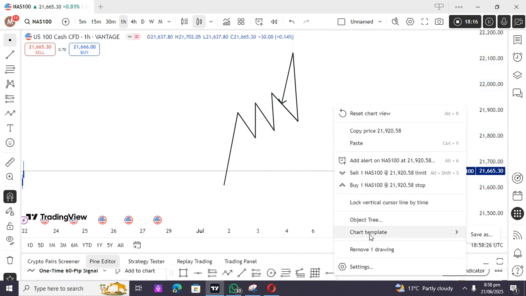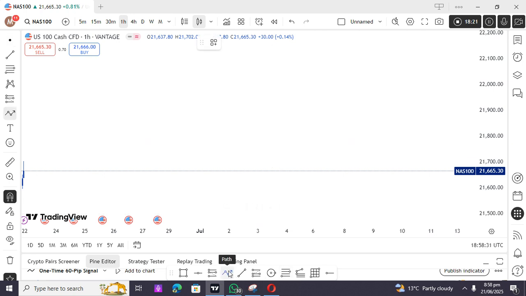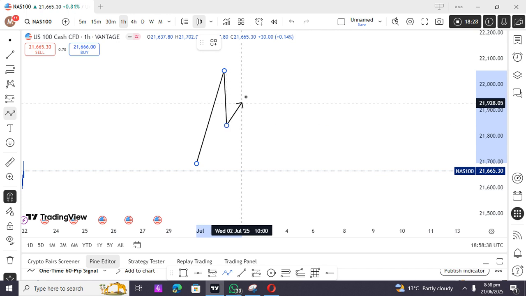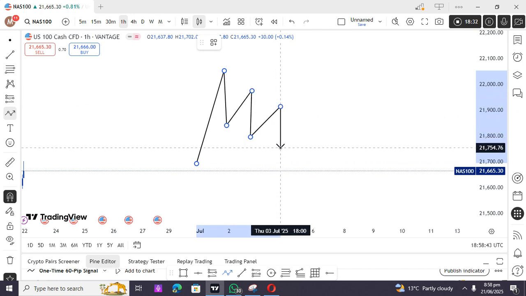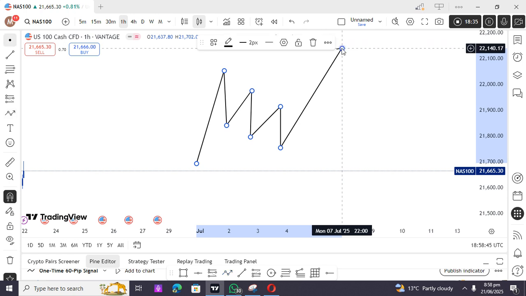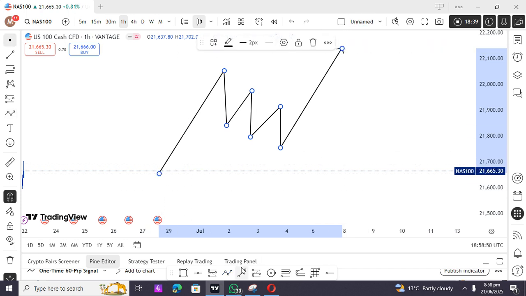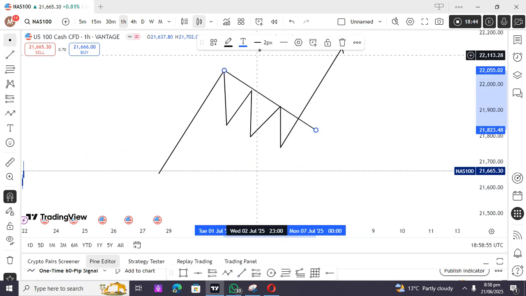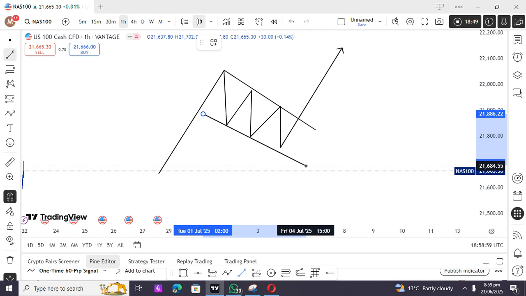I'm missing something. This is how it should be. This is a good example of a rising wedge, guys.